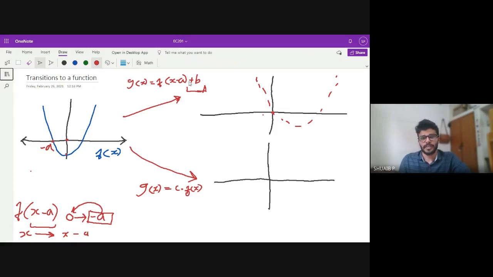So if you consider the point 0, this function will be mapping the image of 0 to the point 0 plus b. The original image was 0. The new image will be y plus b.